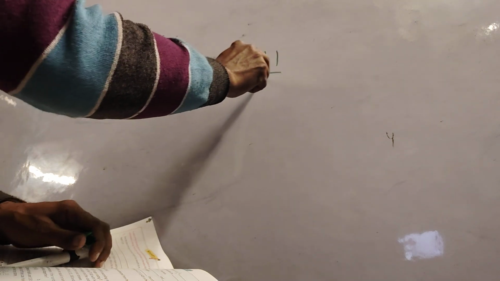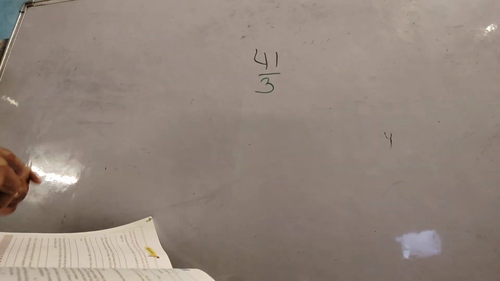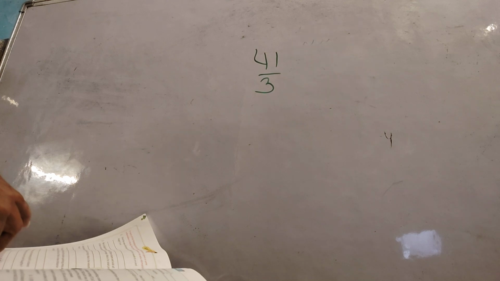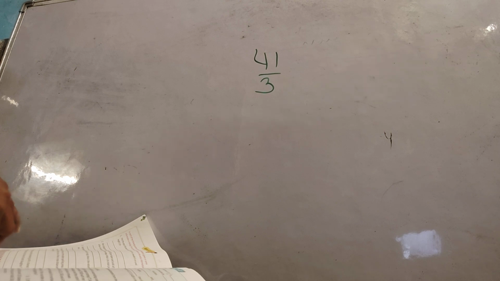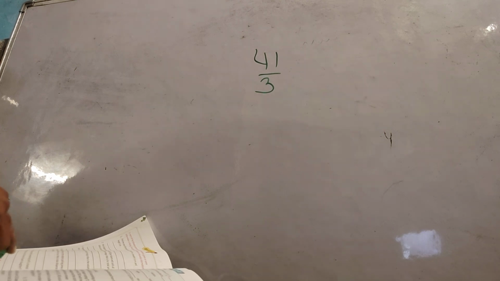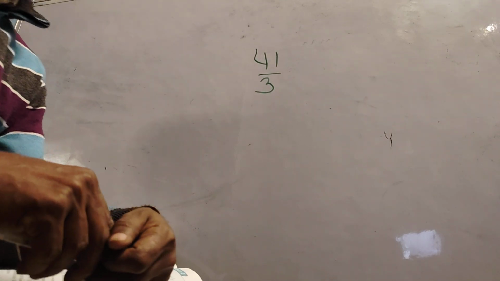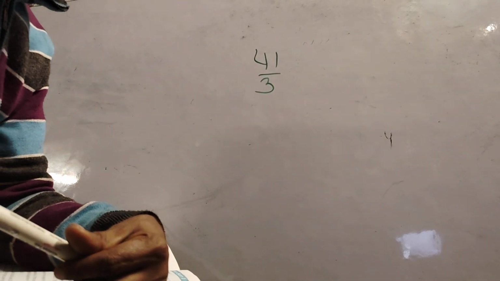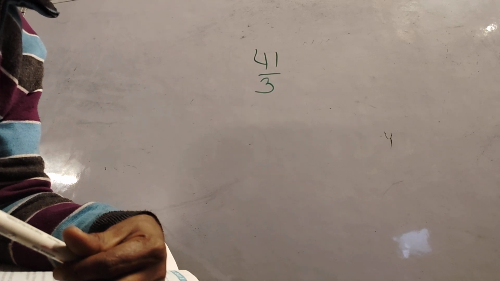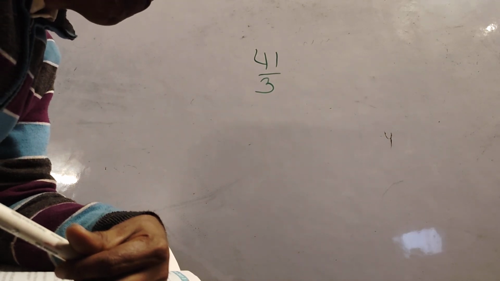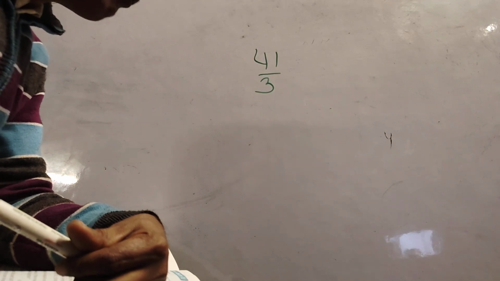Next we are practicing. Can you tell 41 over 3 is which type of fraction? 41 over 3 is an improper fraction.